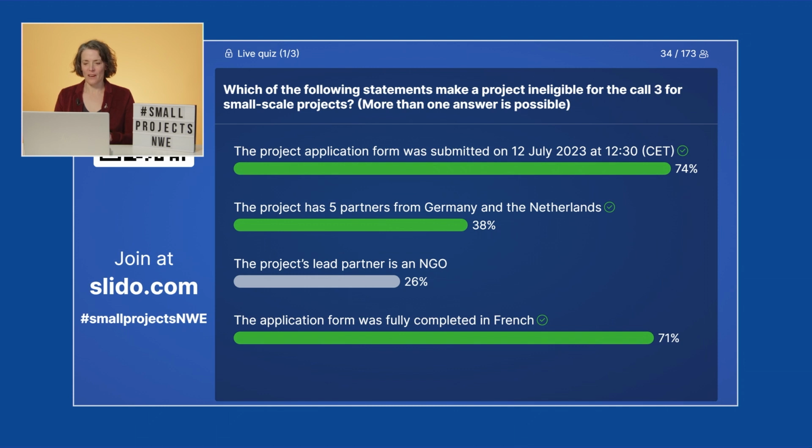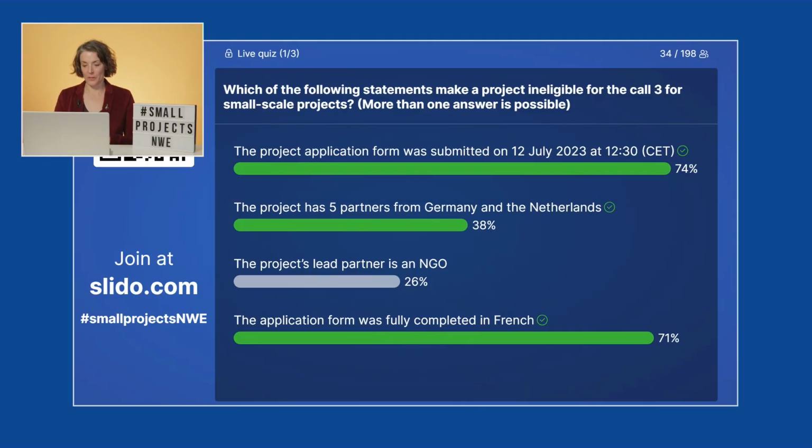The project has 5 partners from Germany and the Netherlands: that is possible, but we need to have 3 countries involved. As we said earlier, the application form needs to be in English. There is a section in French. The project's lead partner is an NGO: this is right, absolutely. So there were 3 answers that would make the project application ineligible, because you need to submit at noon CET on the 12th of July.